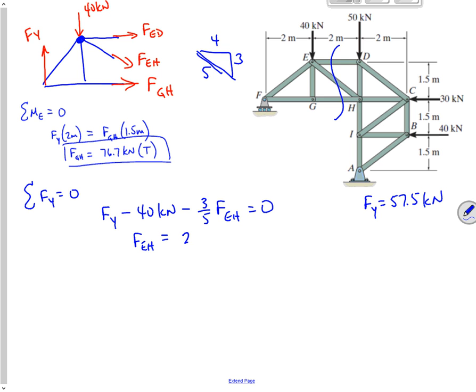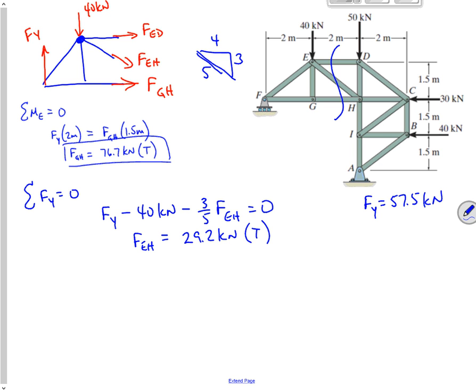I get 29.2 kilonewtons, and this is also in tension. So the only thing I've got left is FED.